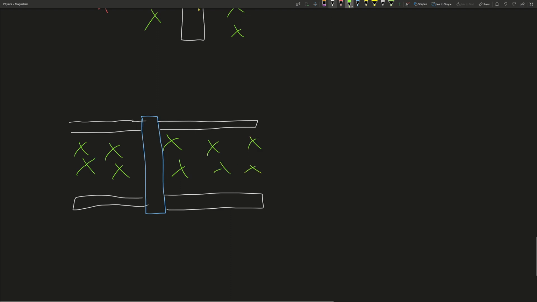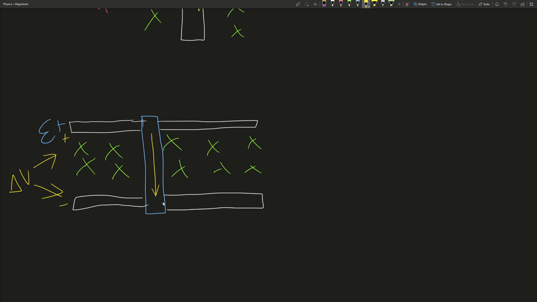And so if you provide an EMF, so if there's a voltage difference between these two bars, then there's going to be a current flowing downwards here. So let's just say that this side is positive and this side is negative, and between these two areas there exists a potential difference.